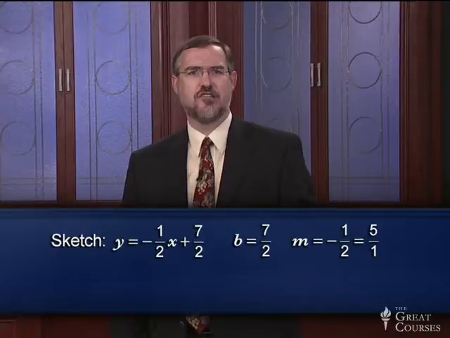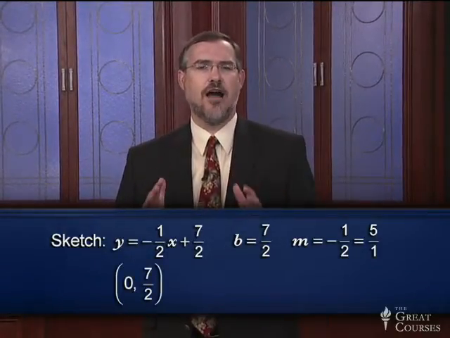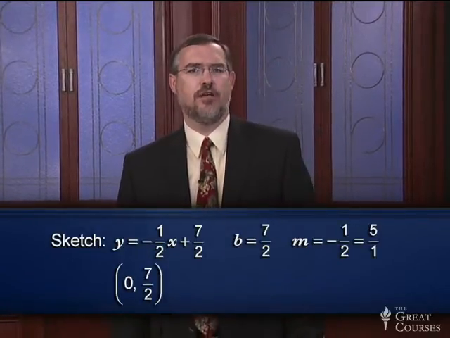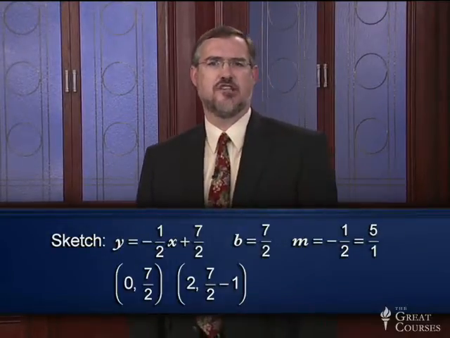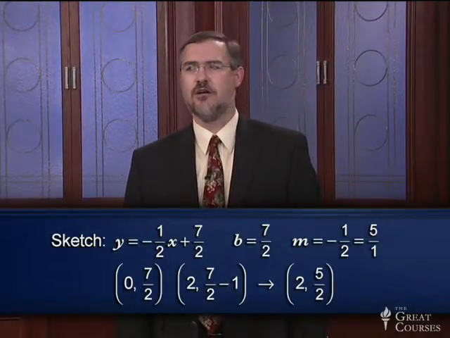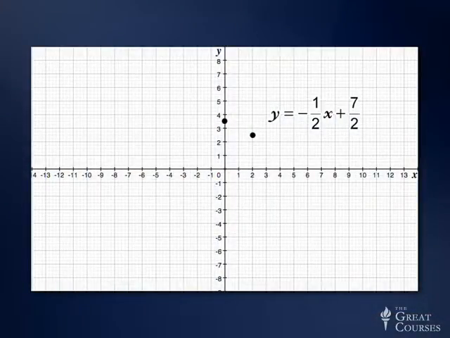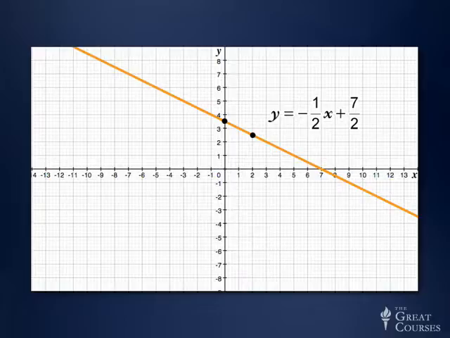And if we do this, we move 2 to the right and 1 down, starting at the y-intercept of (0, 7/2), then we're going to be at the point (2, 7/2 minus 1), which is the same as the point (2, 5/2). Now I can plot that point. I already had the y-intercept plotted. I simply connect the dots, draw the line that goes through those 2 points, and that will be exactly the line that we wanted when we started this example.